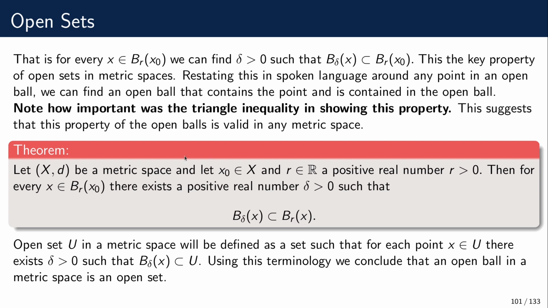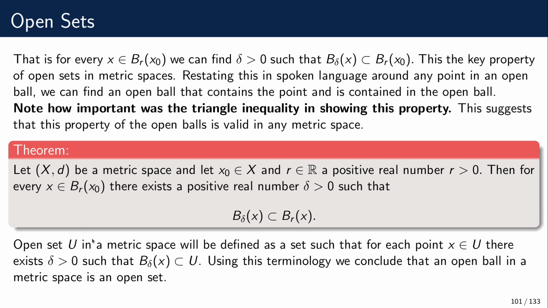Sorry, another typo here. An open set U in a metric space will be defined as follows. If we want to generalize this desired property of open balls, we will say that a set is open if around each point in the set we can find an open ball which is entirely contained in this set.